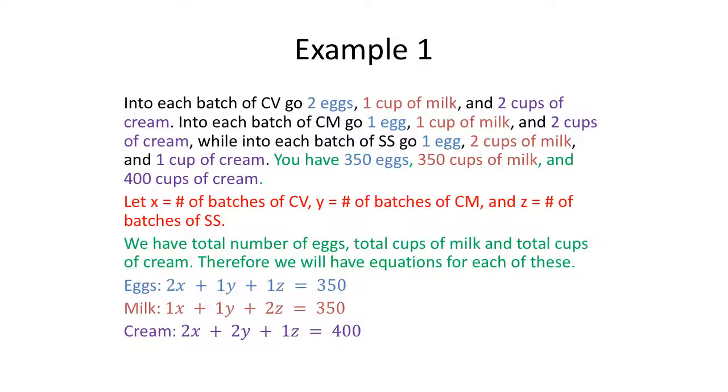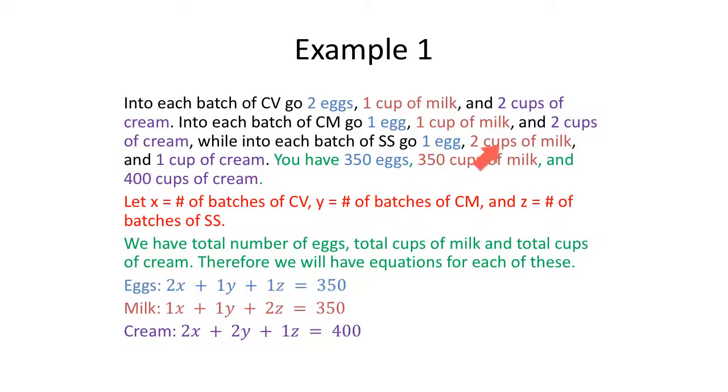So let's break it all down. Looking at eggs. In creamy vanilla, we have 2 eggs. So that's 2 times X. Continental mocha has 1 egg, so 1 Y. And succulent strawberry has 1 egg, so that's 1 Z, for a total of 350 eggs. Moving on to milk. 1 cup of milk for creamy vanilla. 1 cup of milk for continental mocha.